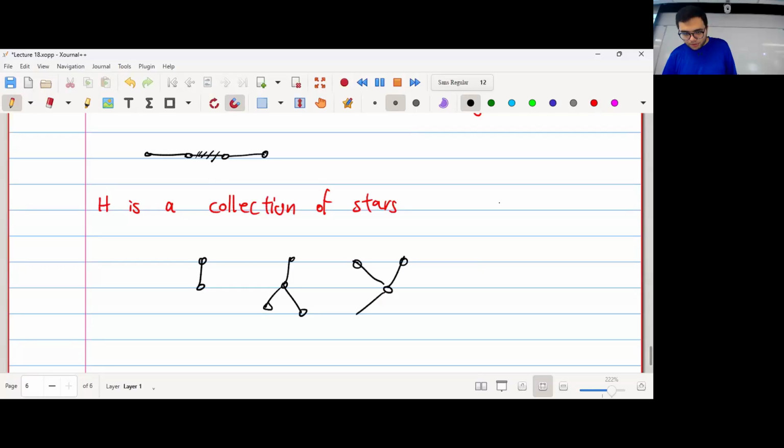Maybe I have a star with many vertices. I cannot have just one vertex, remember, because my edges covered all of the vertices. So this is what I have. Now, the question is, how many stars do I have?